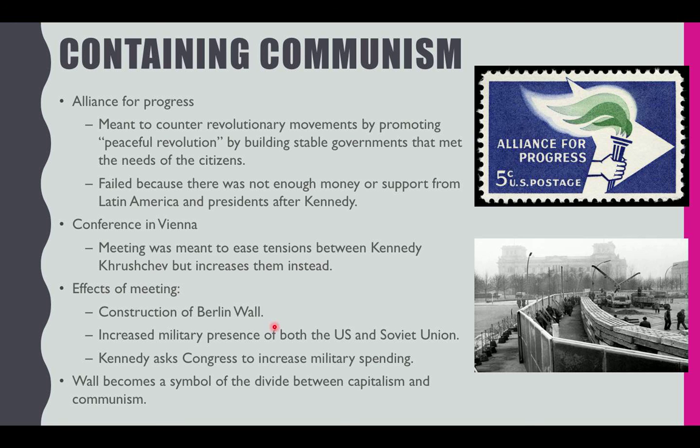Military presence was built up on both sides of the Berlin Wall, and Kennedy's going to ask Congress to increase military spending. So the conference at Vienna, while it was supposed to come to an agreement between Kennedy and Khrushchev, actually puts more fuel on the fire and creates the Berlin Wall, which is the symbol of the divide between capitalism and communism. It's the symbol for the Cold War.